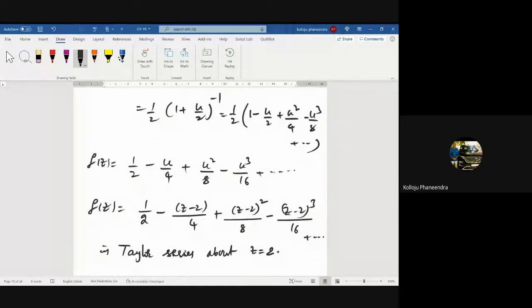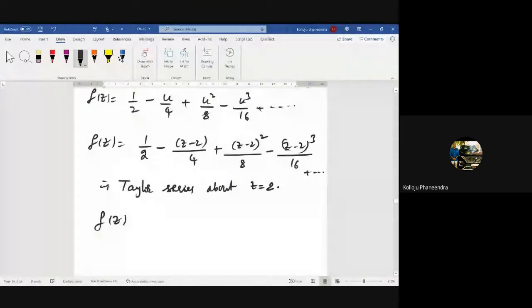So we can write f of z as 1 by 2 minus z minus 2 into 1 by 2 square.